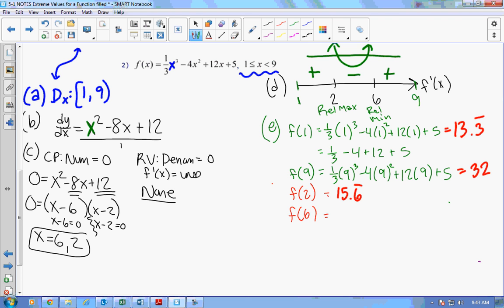Yeah, agreed. Okay. So, f of 2 is 15.6. F of 9 is 32.